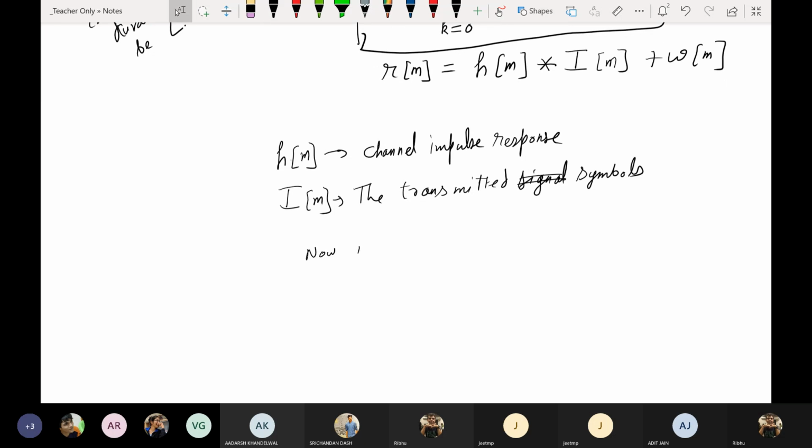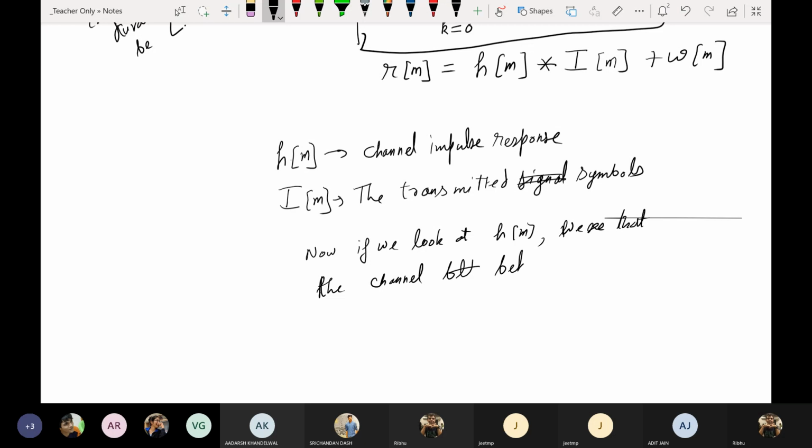Now we see that the channel behaves like an FIR filter.